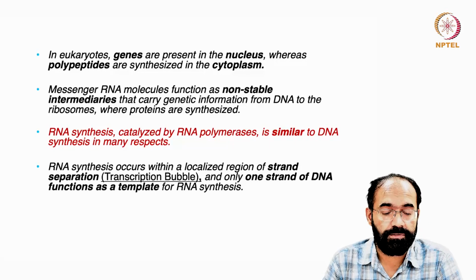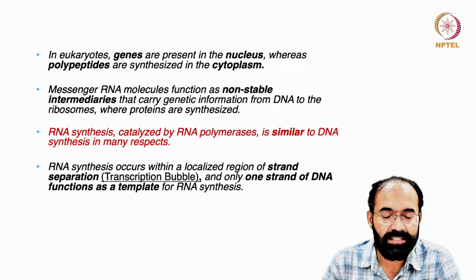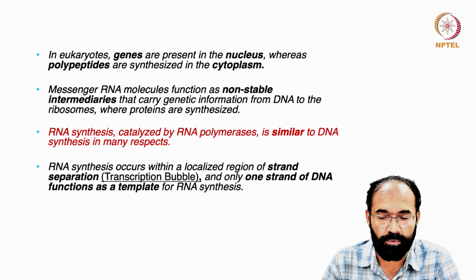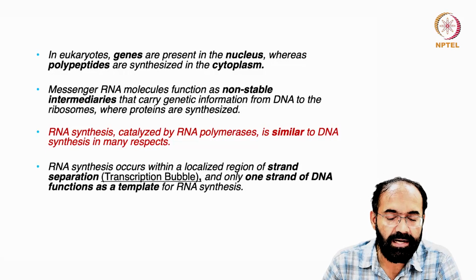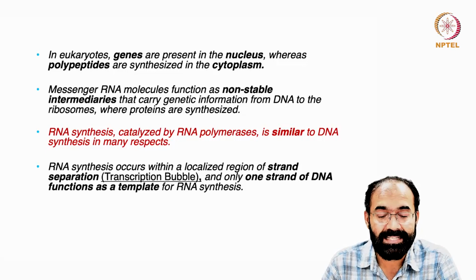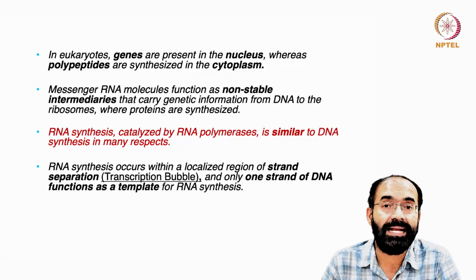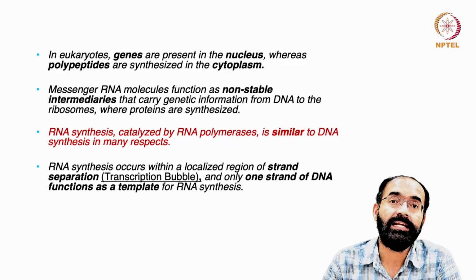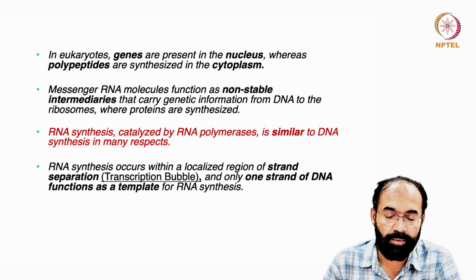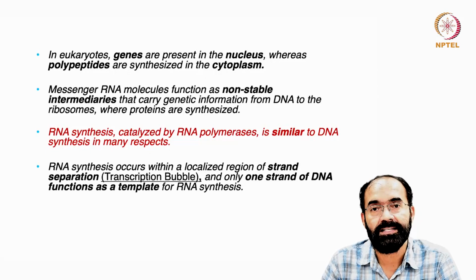In eukaryotes, what happens? The genes are present in the nucleus, whereas the polypeptides are synthesized in the cytoplasm, and the messenger RNA molecules function as non-stable intermediaries that carry the genetic information from DNA to the ribosome where the proteins are synthesized.